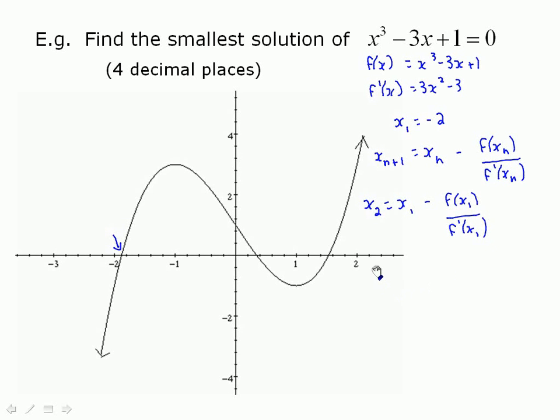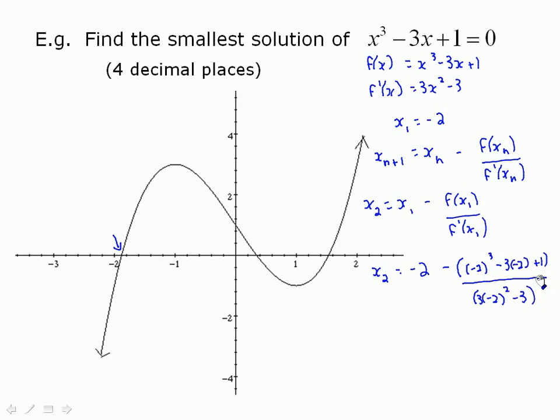So x2 is equal to x1, which is negative 2, minus, in brackets, the negative 2 cubed minus 3 times negative 2 plus 1, divided by 3 times negative 2 squared minus 3.